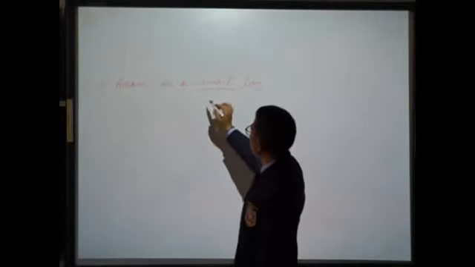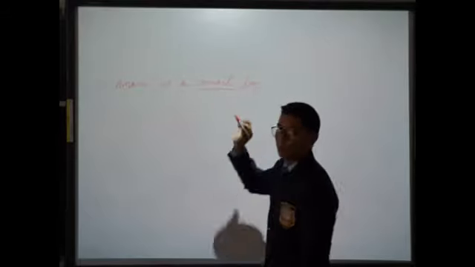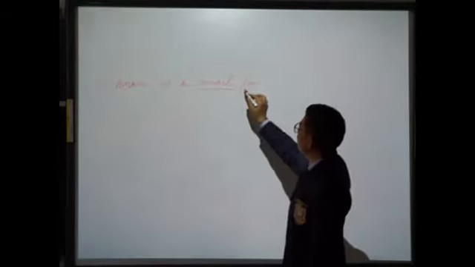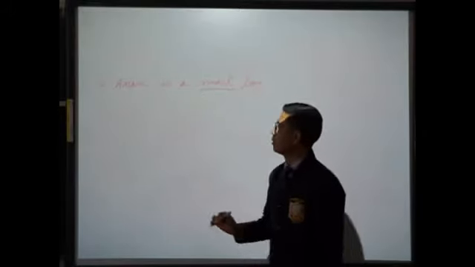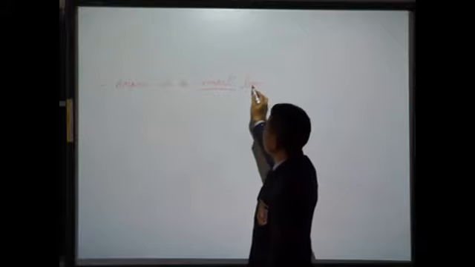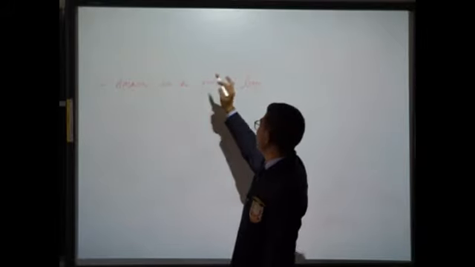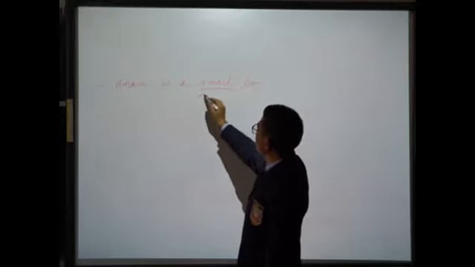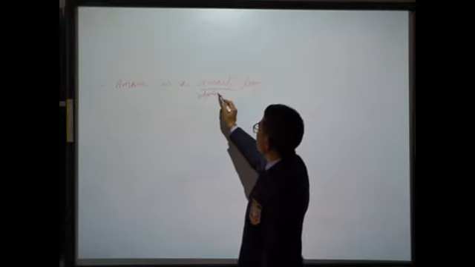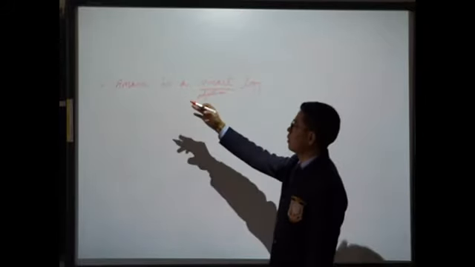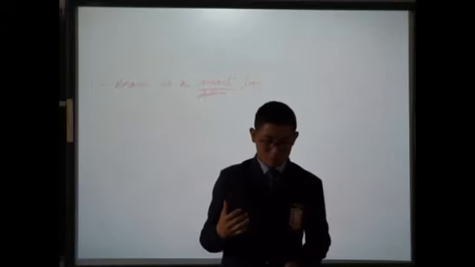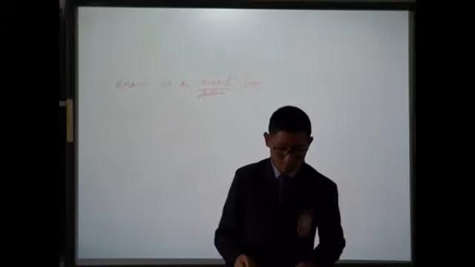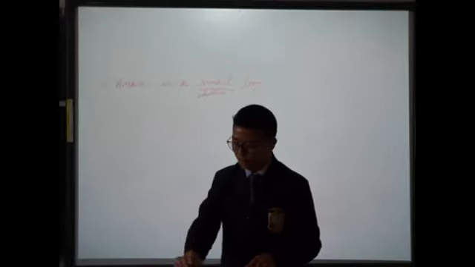This word describes the quality of Aman, that is, Aman the boy. We are talking about Aman. Aman is a smart boy. So this is your adjective, and it describes the quality of Aman, or how Aman is.